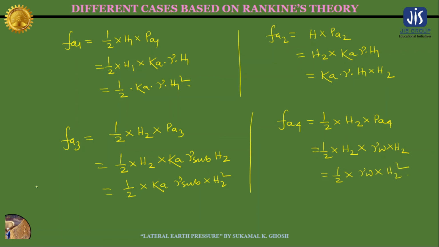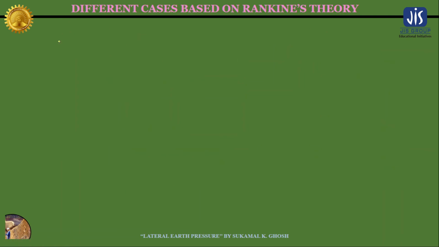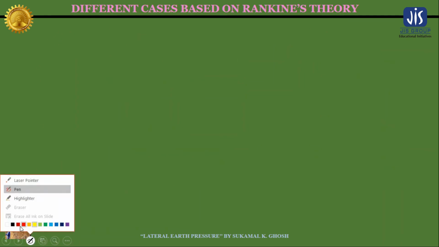So what will be our total active earth pressure force, or the total resultant force? The total resultant force, that is Fa, will be Fa1 plus Fa2 plus Fa3 plus Fa4. If you put all the values here, then we will get the total resultant force.